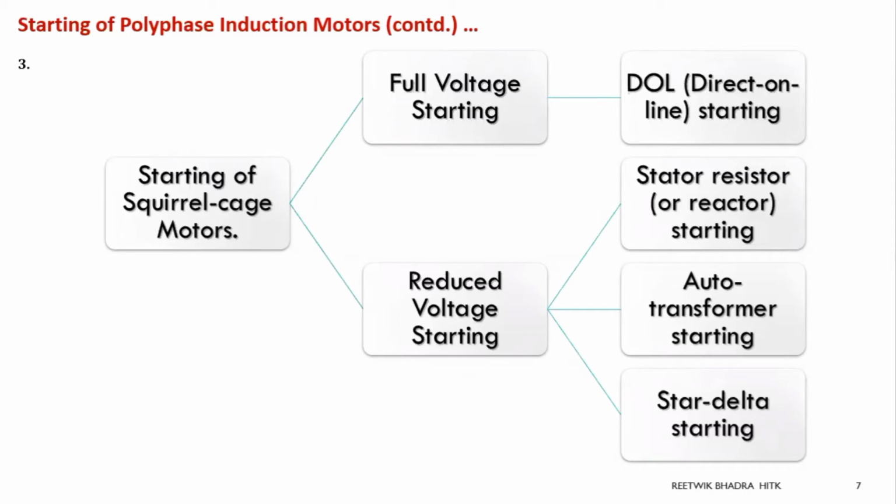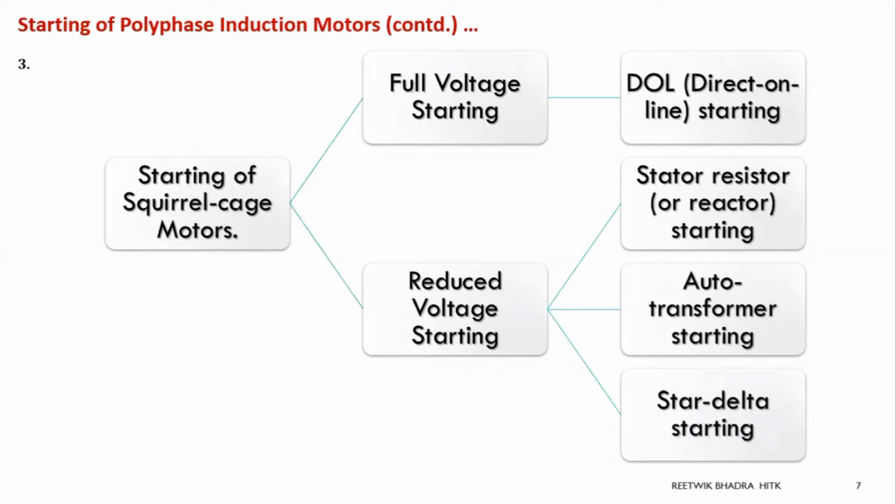In full voltage starting, we have direct online starting. From this name you can understand that the stator is directly connected to the main supply. We are not keeping any intermediate circuit between the stator terminals and the supply mains to reduce the voltage. In reduced voltage starting, there are three methods of reducing the voltage coming from the main supply onto the stator.